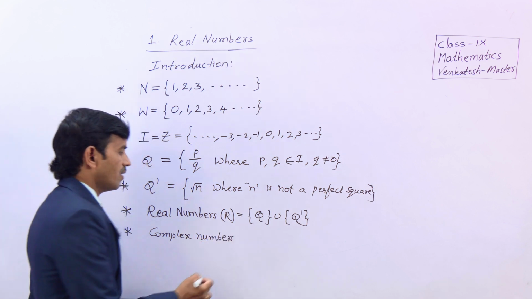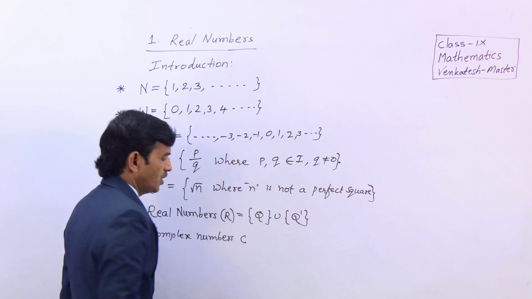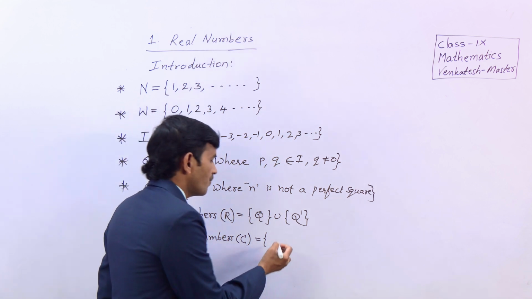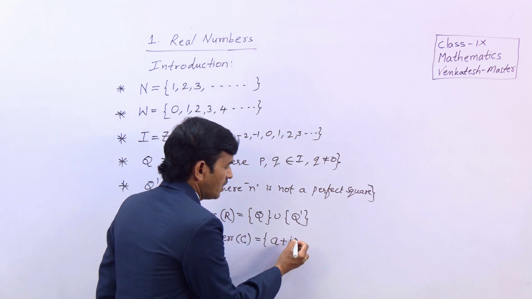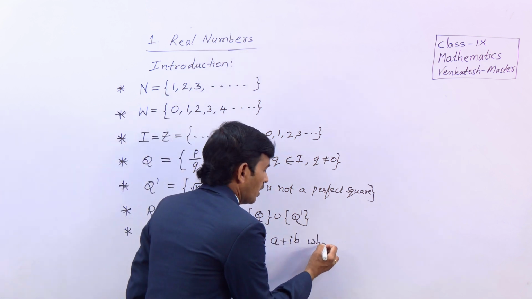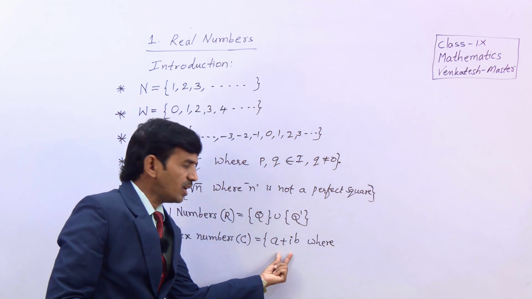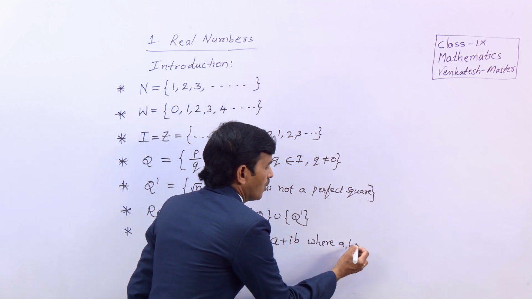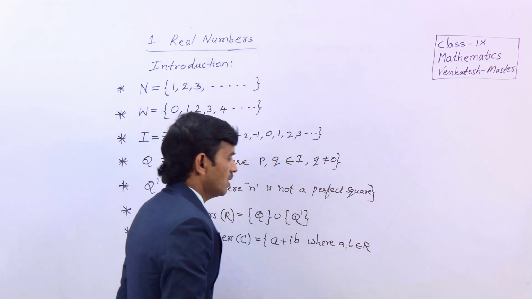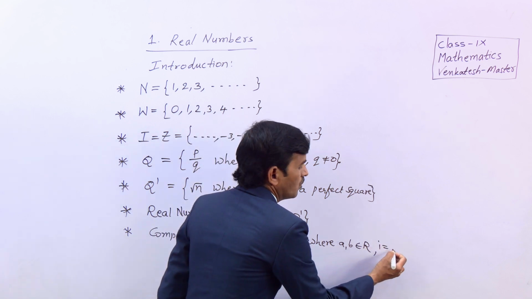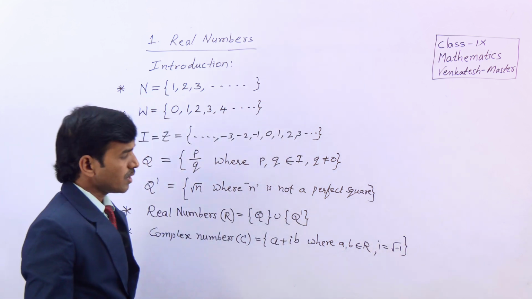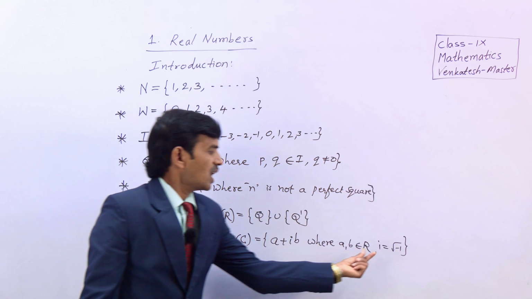Just for the sake of an idea, we are going to introduce this set, denoted by capital C. Any complex number is in the form a plus ib, where a, b belong to the preceding set, real numbers, and i squared is equal to minus 1, or i is equal to the square root of minus 1. i stands for imaginary.